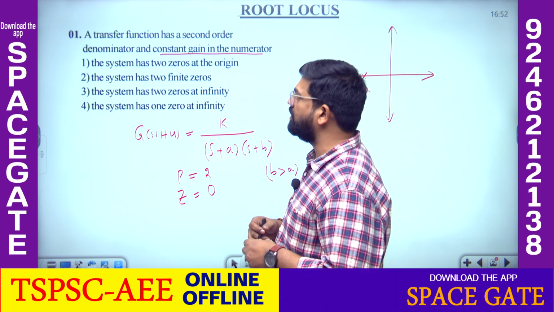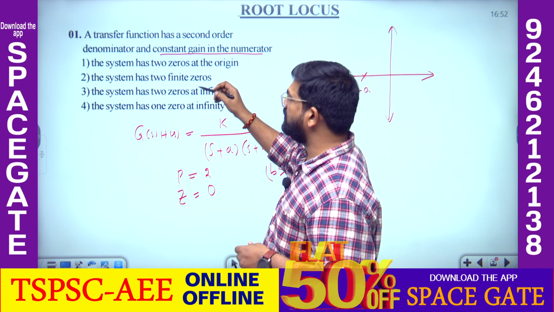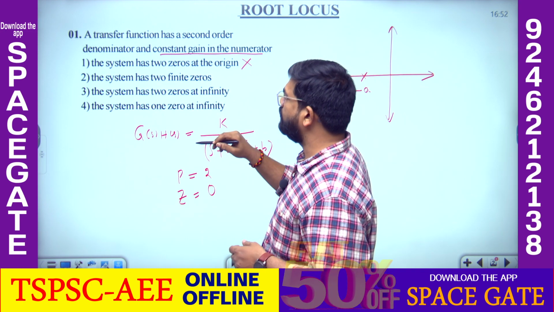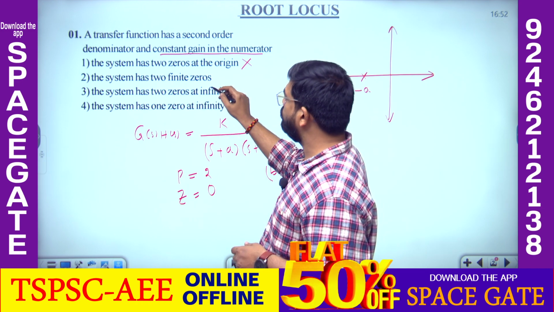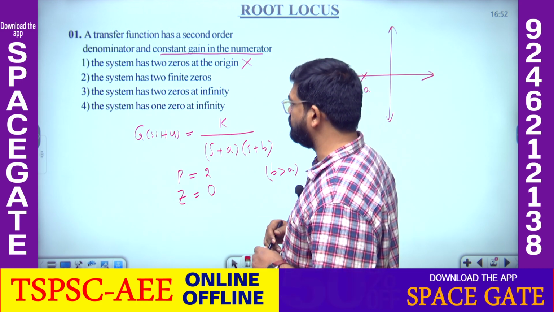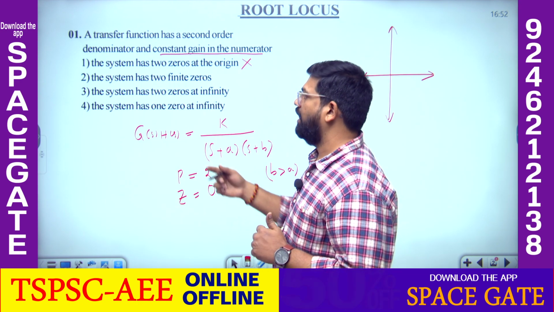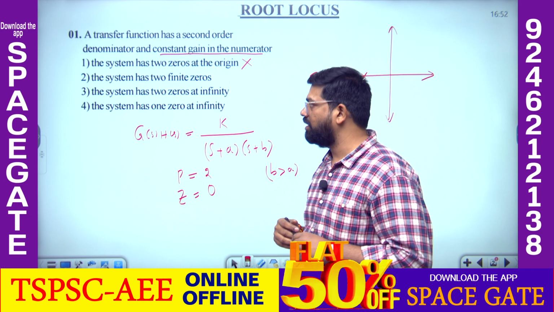Look at the statements given in the options. A system has two zeros at origin is not a right option here. A system has two finite zeros is also not the option. Now, the system has two zeros at infinity, and the system has one zero at infinity.